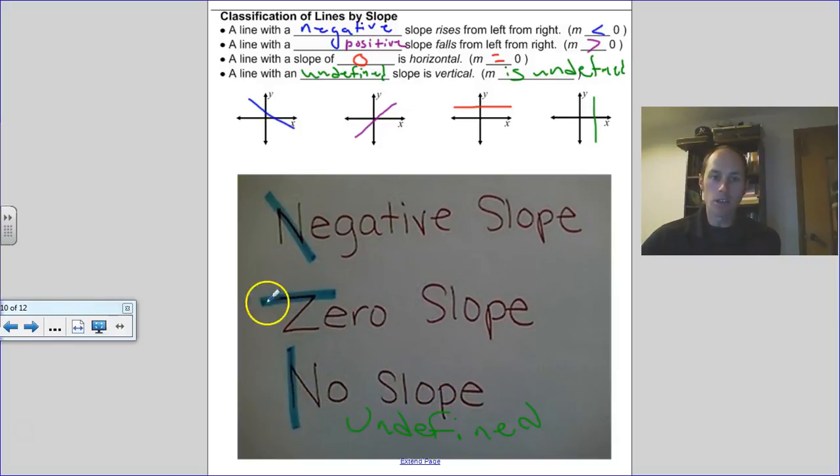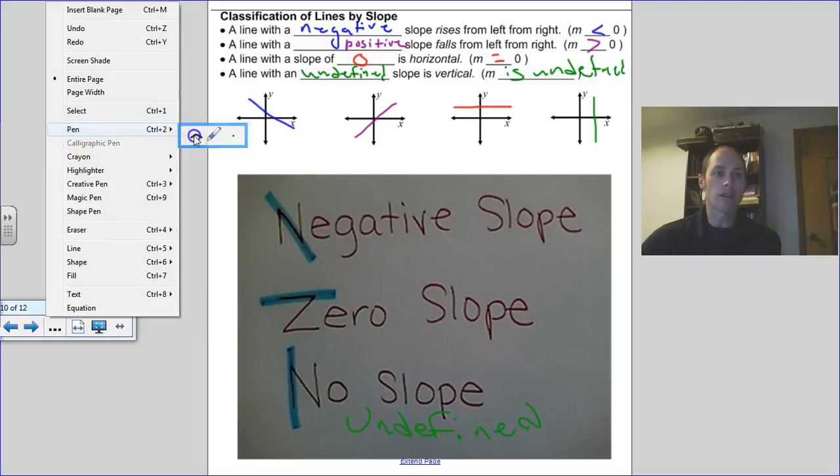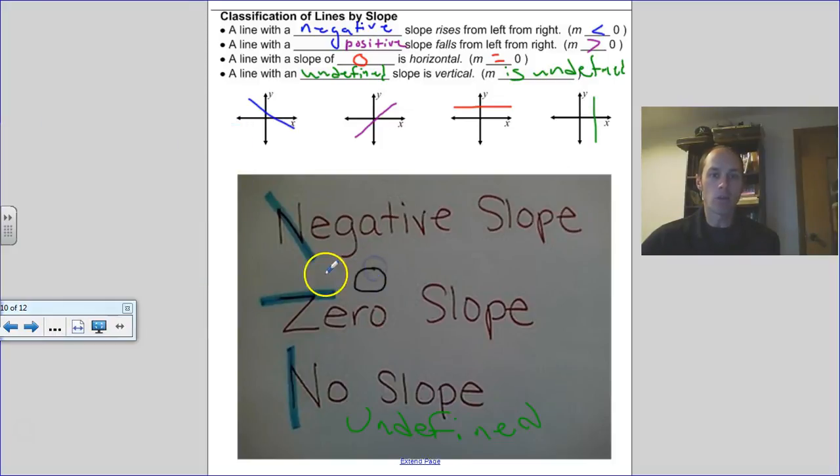But a 0 slope has a slope. It's just a slope of nothing. So it has a value of 0. 0 is a number, so we give it a value, and we can differentiate that from not having a slope with this undefined slope.